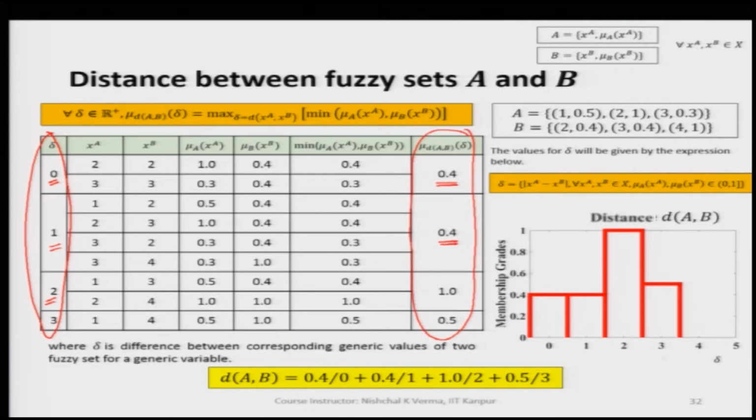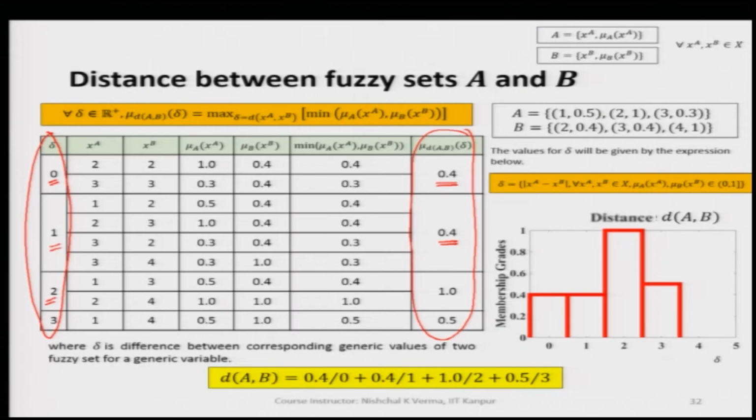One is the generic variable value, which is delta, which is nothing but the difference, as we have already discussed, between the corresponding generic variable values of the two fuzzy sets A and B, and then the last column gives us its corresponding membership values.